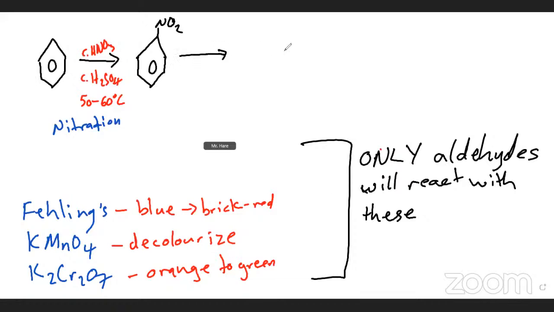All right, how do you go from that to this? Reduction. Which reagent? Zinc and concentrated HCl. All right, tin or zinc and HCl. What is the name of this reaction?